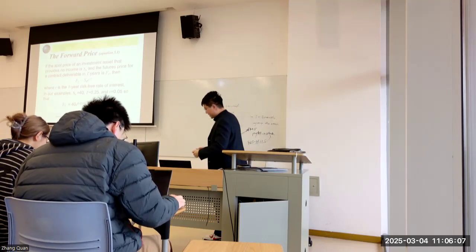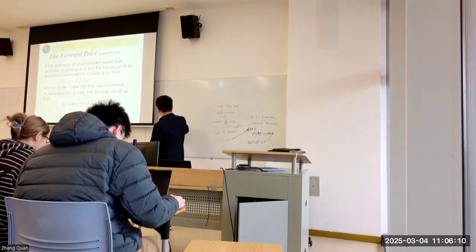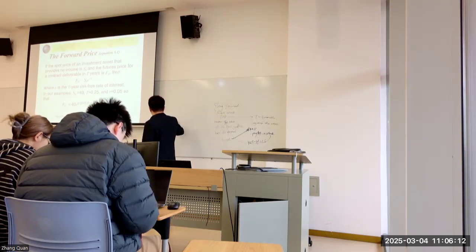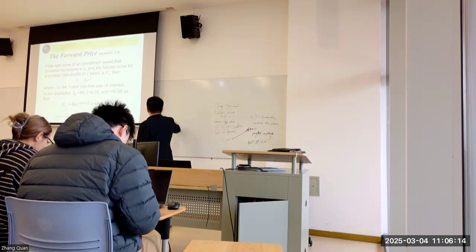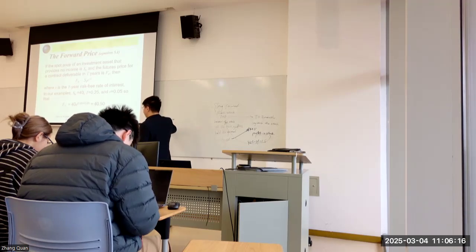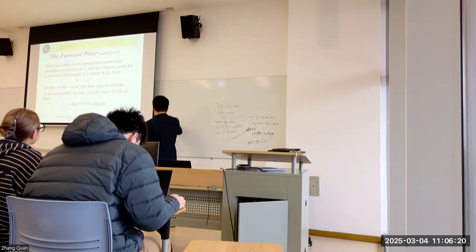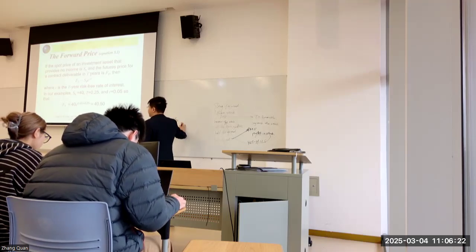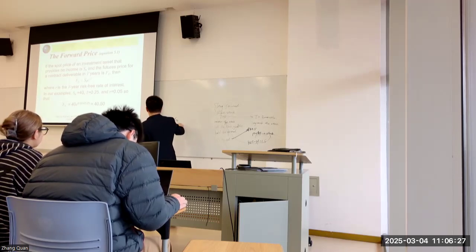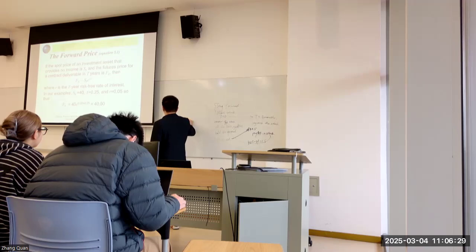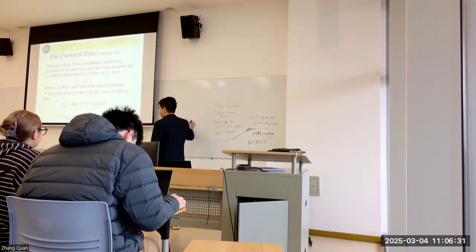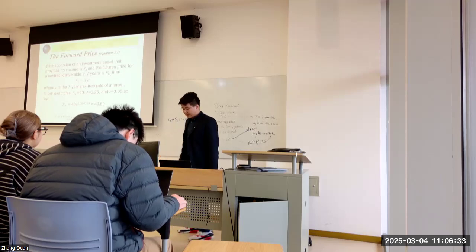So in simple compounding, we use F0 to indicate the forward or futures price at time 0. This should be tied to the spot price right now, S0, multiplied by the interest rate. This is compounding.